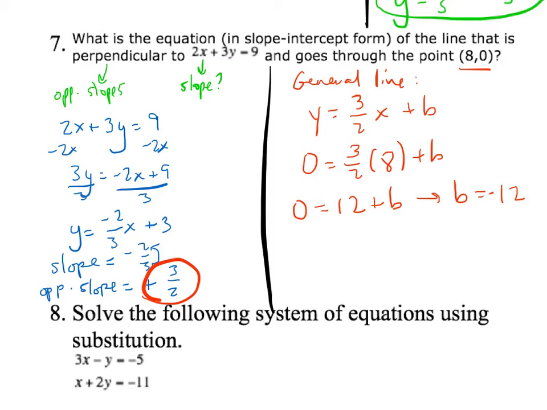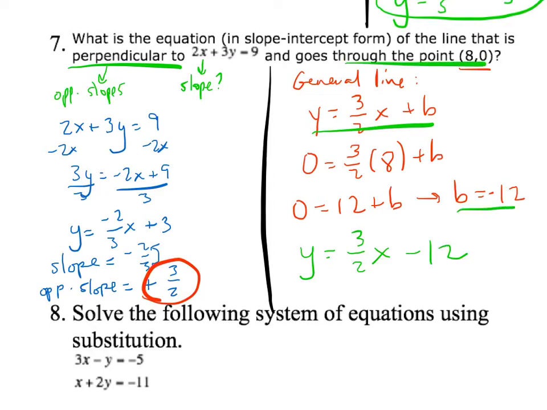So our final answer here comes from y equals 3/2 x, so that's a perpendicular slope, minus 12, because it goes through this point.